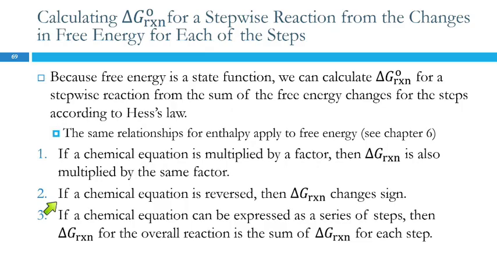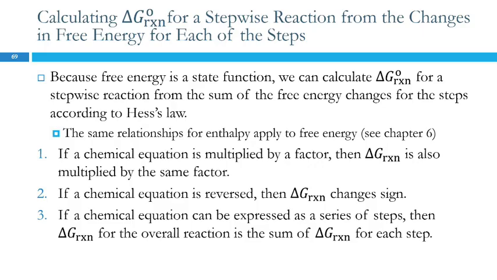If you reverse the chemical equation, then you change the sign on delta G. Because if going forwards was spontaneous, was negative, going reverse is going to be the same number, but positive. And we can add steps together. Any questions?